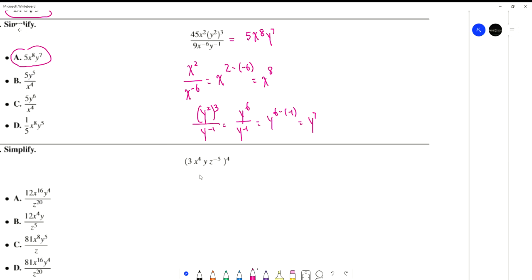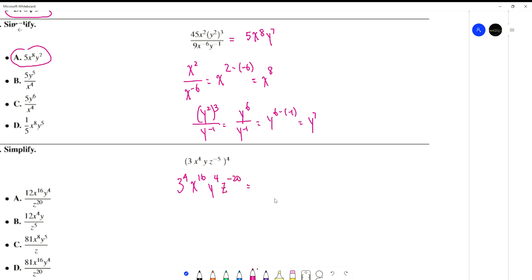All right, what is this, 5? We have 3x to the 4th, y, z to the negative 5th. All of this is raised to the 4th power. That's our power rule. So this is 3 to the 4th. X to the 4 times 4 is 16. Y to the 4th. And Z to the negative 20th.